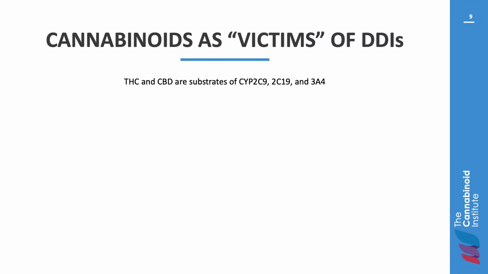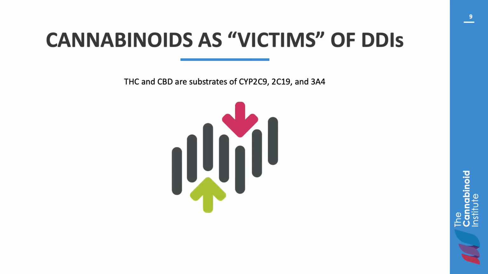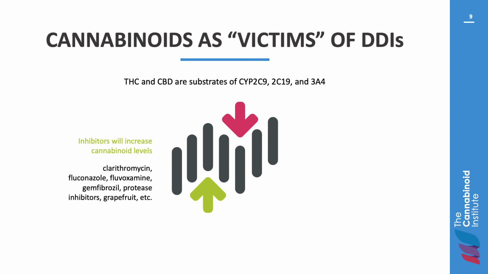THC and CBD are substrates of the cytochrome P450 2C9, 2C19, and 3A4 families of enzymes. Inhibitors of these enzymes, such as clarithromycin, fluconazole, fluvoxamine, gemfibrozil, grapefruit juice, and protease inhibitors, will increase cannabinoid levels in the body, whereas inducers of these enzymes, carbamazepine, St. John's wort, phenytoin, and barbiturates, will decrease the levels of cannabinoids in the body.